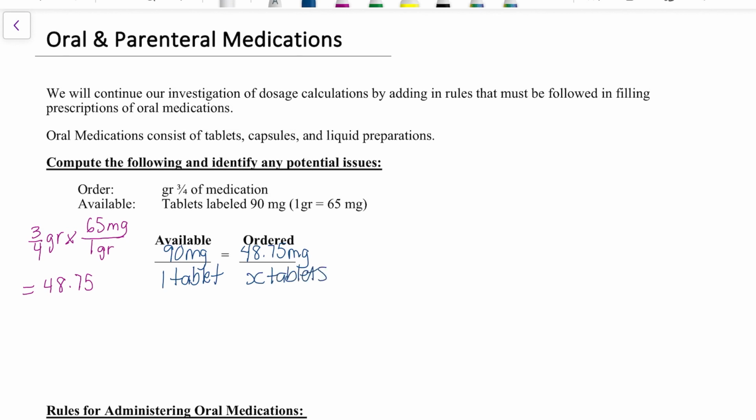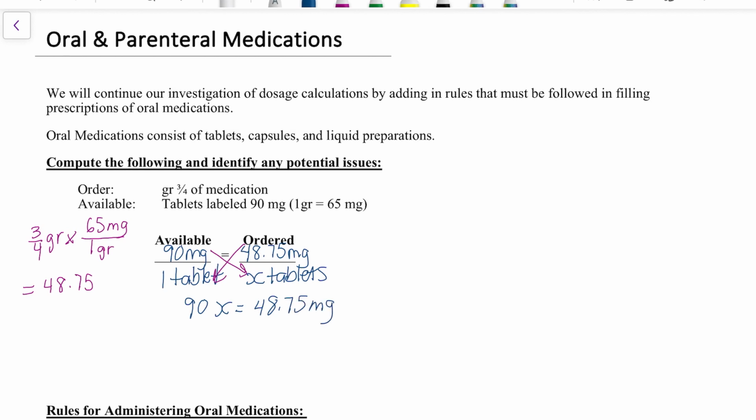So I have to do that conversion before I can actually compute how many tablets it is. Now I can do my cross multiplication, which gives me 90x equals 48.75 milligrams.